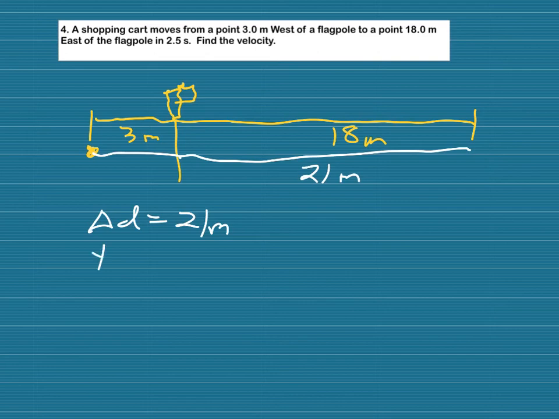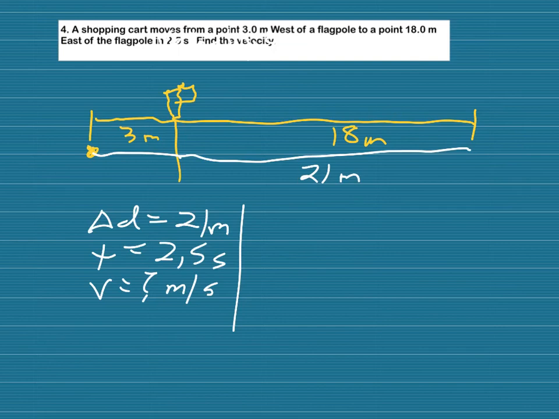And my time is 2.5 seconds. And then I'm looking for my velocity. I just left that out accidentally. And that's going to be in meters per second. Our equation again.